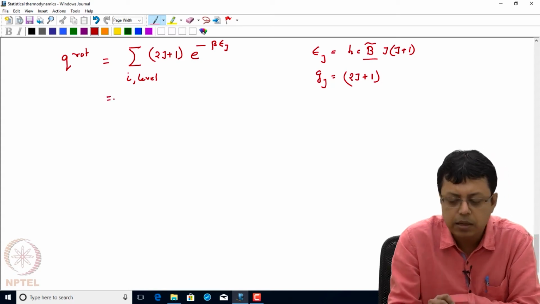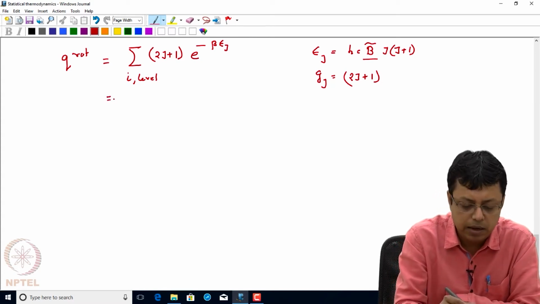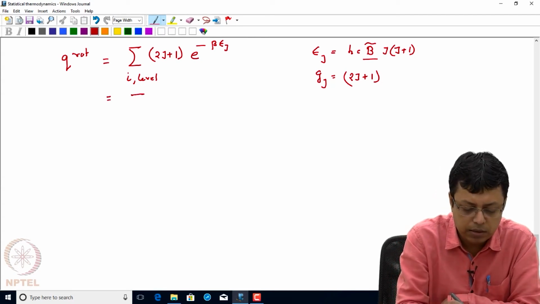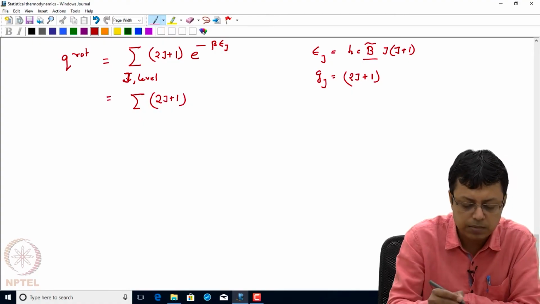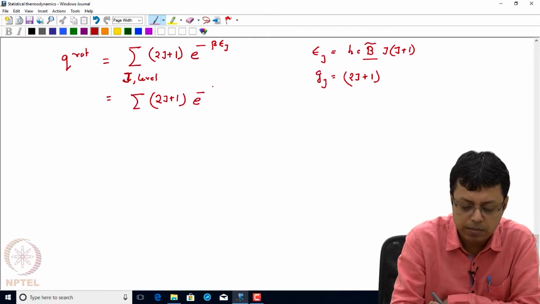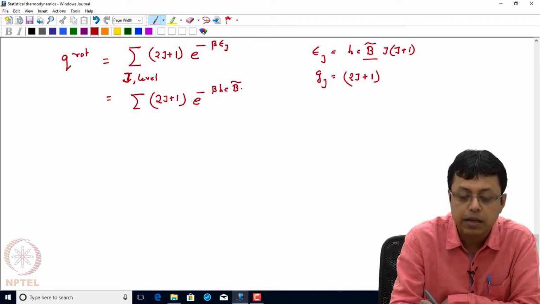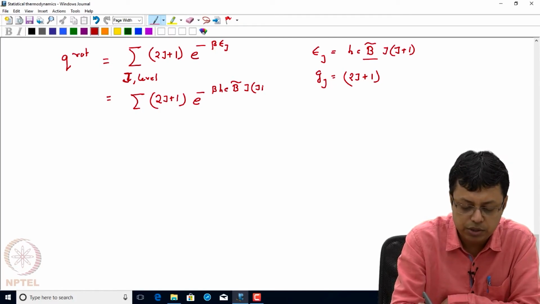This is capital J, and then the degeneracy is nothing but 2J plus 1. So I'm summing over J now because I've changed the index, and e to the power minus beta hc B tilde J(J+1).